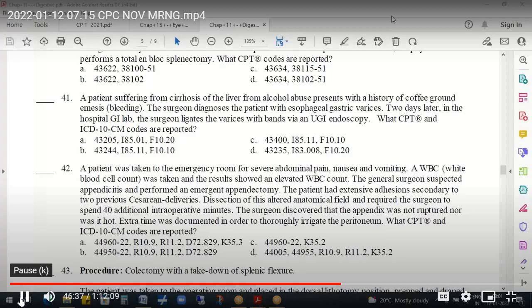B, sir, 43235. Understood now how to do endoscopy-related questions?